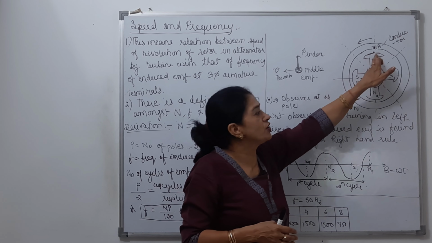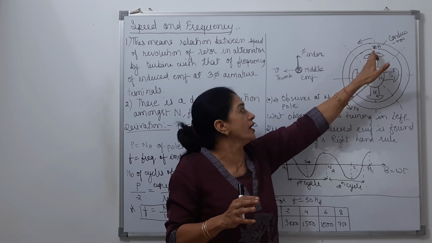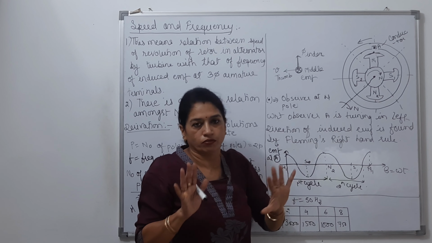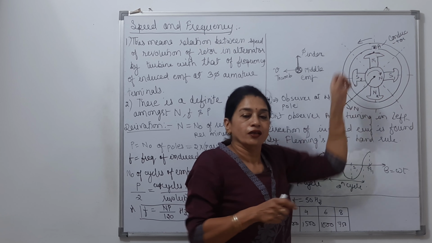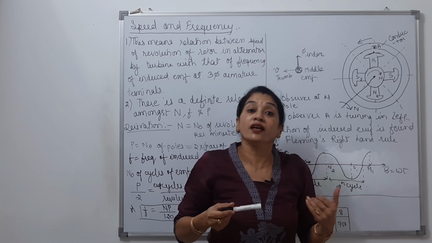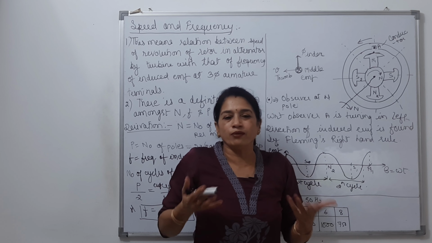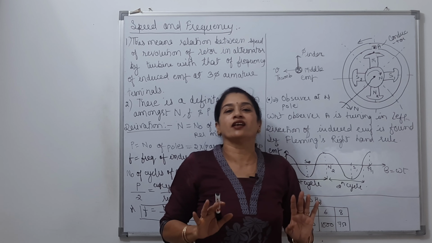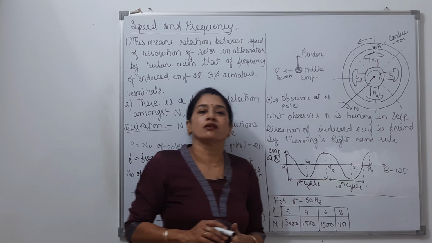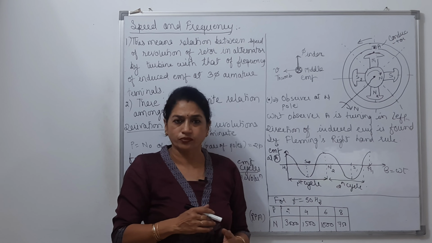I am imagining as if over this north pole an observer is standing, like a dot. This dot is the observer at the north pole that I mentioned here. This observer is rotating along with the rotor, so it is rotating clockwise. And if the observer assumes that he is stationary, then with respect to the observer, the conductor seems to be rotating in the anti-clockwise direction.